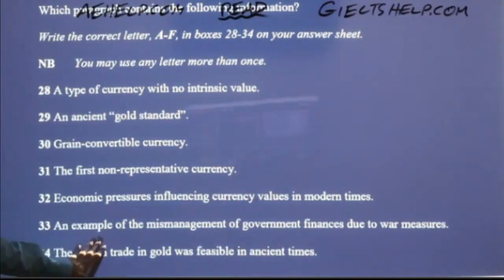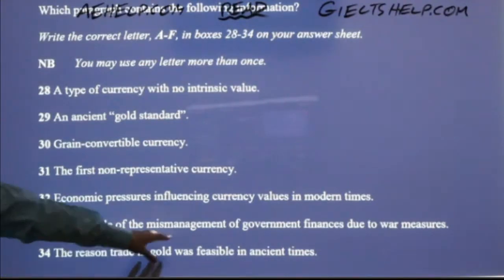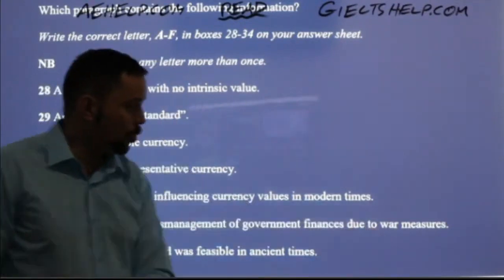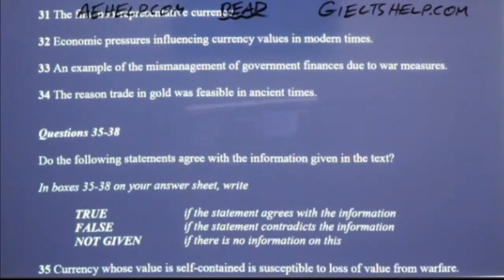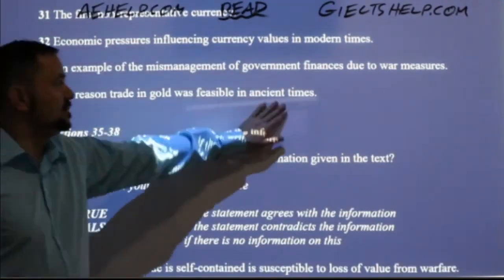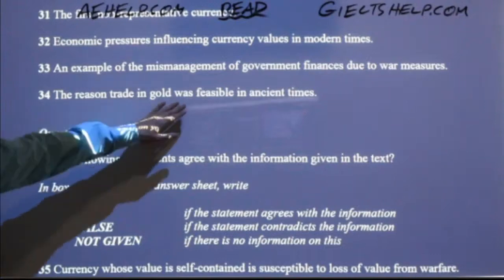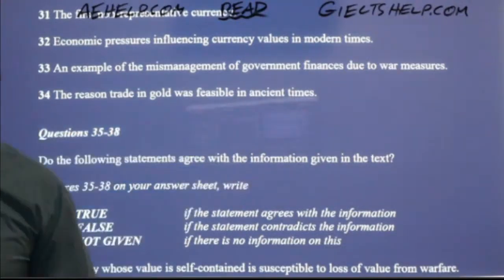So a situation where there was poor organization by authorities of the money because of war, strife. Okay, strife is another way to say war. The reason trade in gold was feasible in ancient times. So the logic of using gold a long time ago for exchange.